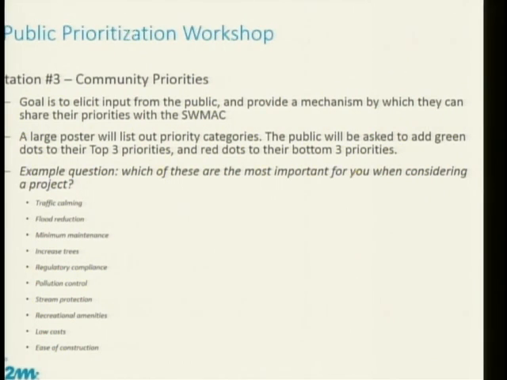Another alternative, or in addition, is to ask what the most important considerations are on a project level. Like if you as a public member were selecting a project, what are your top considerations? Then maybe they fill out a form and just rank, and that's anonymous, and the results feed the overall prioritization effort.